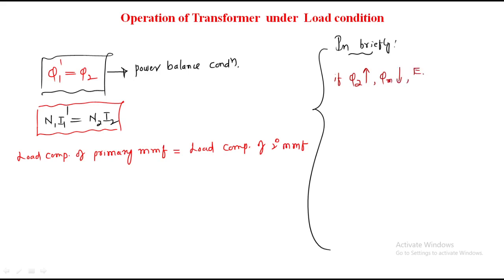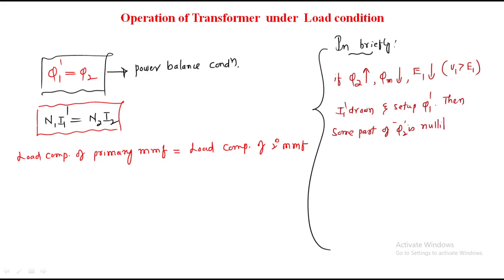Obviously E1 decreases, since V1 should be more than E1. Therefore I1 dash is drawn and sets up phi 1 dash. Then some part of phi 2 is nullified.